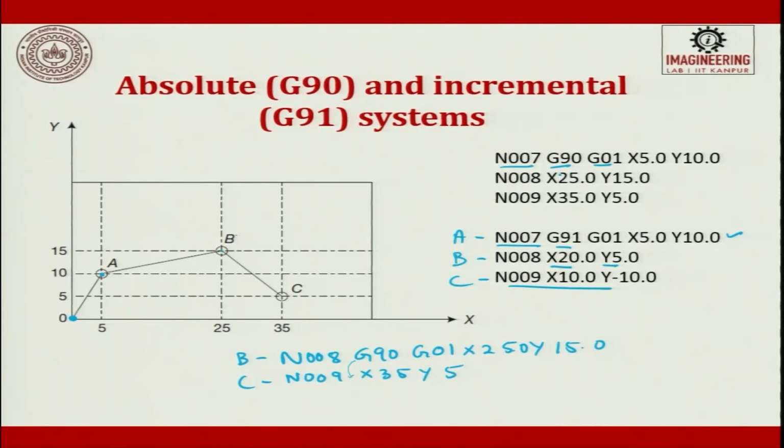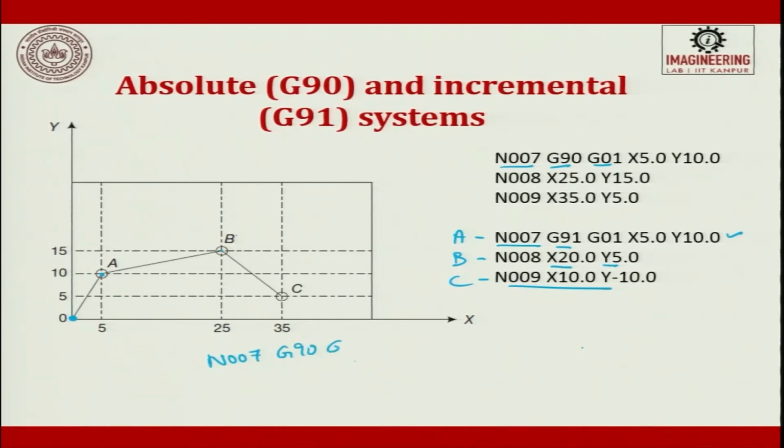In a program you can have several portions which are absolute and incremental. Let us do one trial. I will now try to do a program where N007, G90, G01, X5 and Y10.